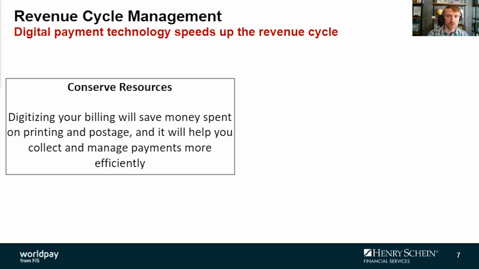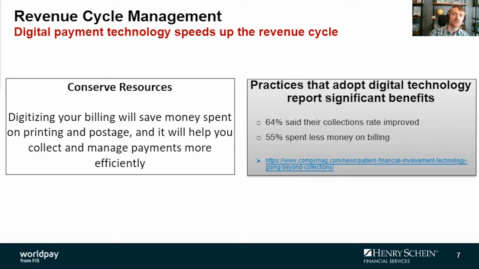You have them set up to where you can send them a text to pay. So it's going to help your practice run a little bit more efficiently. Those that are set up on digital technology are improving their collections rate by 64%, and they're spending less money on billing by almost half, by 55%.